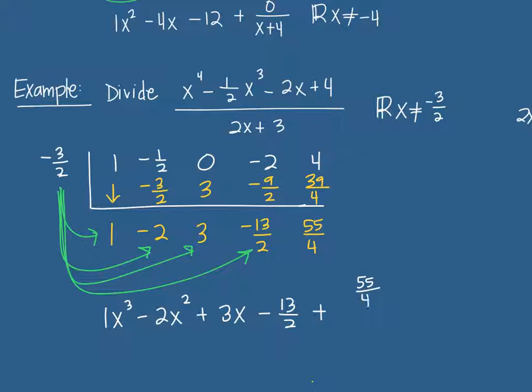You can write 55/4 over 2x plus 3. But that's not the most common way to write that. It's kind of awkward to put a fraction in the top. So what's probably more common that you'll see is to put the number 55 in the top and the number 4 in the denominator. That's the same thing as 55/4. 55 in the numerator, 4 in the denominator.